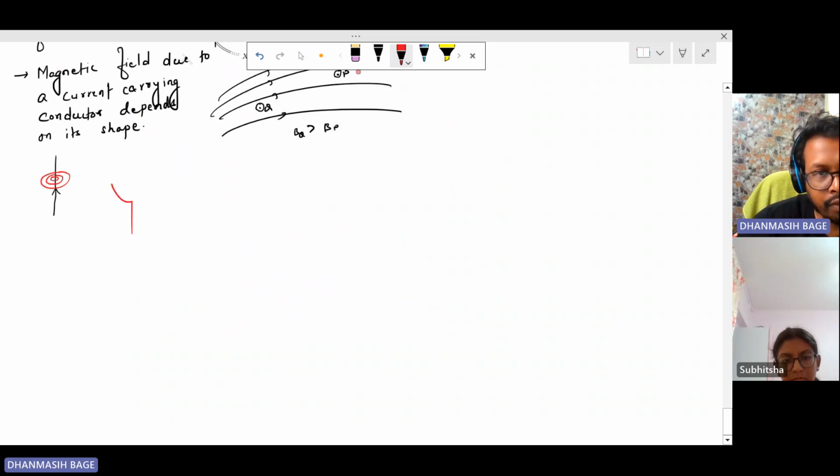If you bend the wire like this, what kind of magnetic field is there?